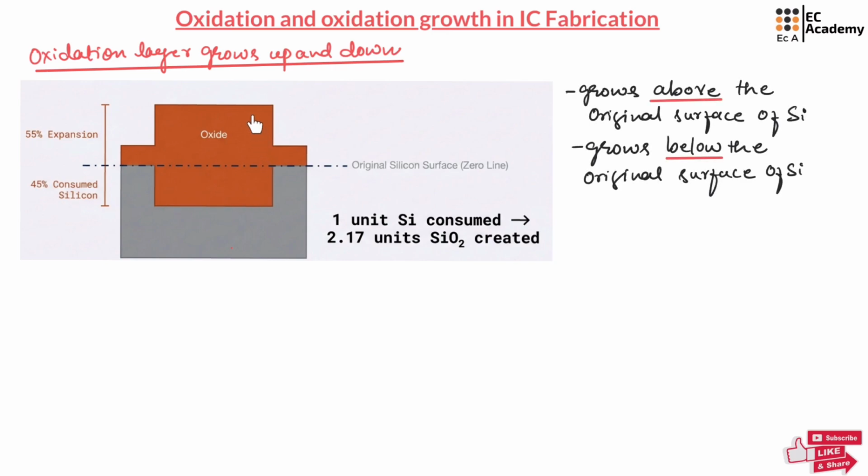It is just like popcorn. When it pops, it gets much bigger. So here you need to remember the SiO2 has roughly twice the volume of silicon it has consumed. So 1 unit of Si consumed will have 2.17 units of SiO2 created.